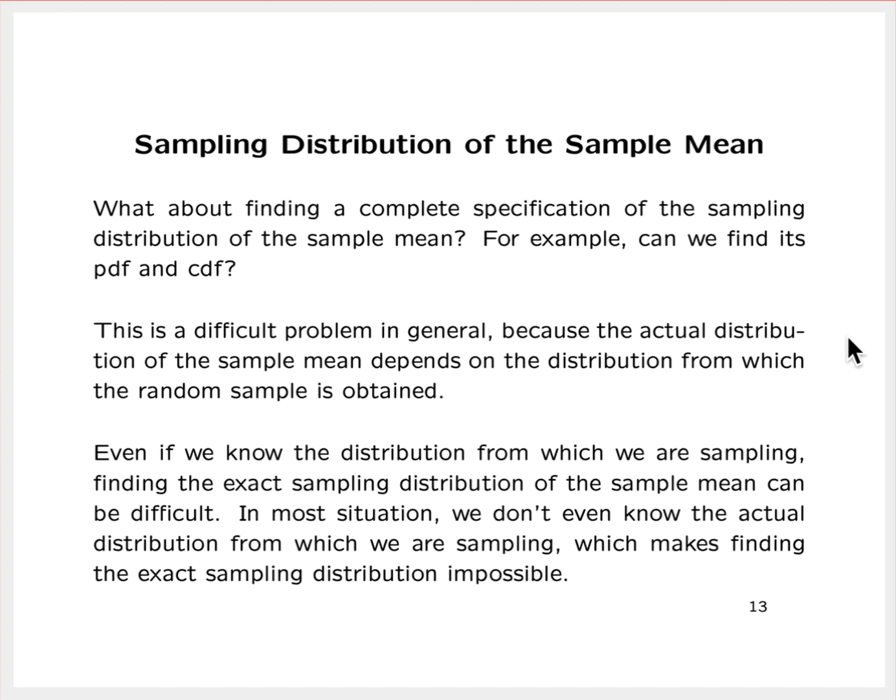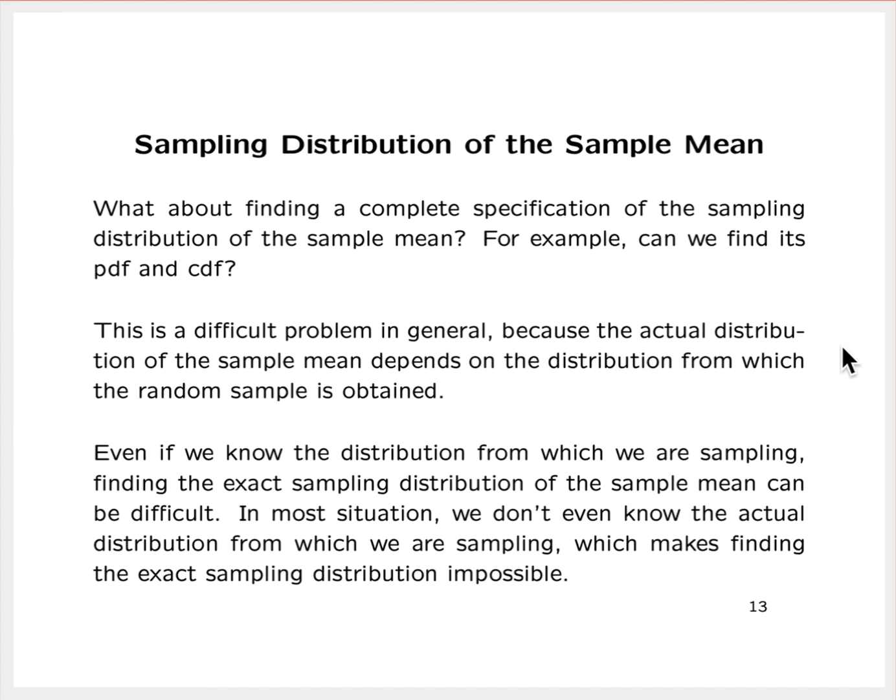But now another question would be, could we determine the actual PDF of the sampling distribution of the sample mean? So what about finding a complete specification of the sampling distribution of the sample mean? For example, can we find its PDF and its CDF? Now, this is a much more difficult problem in general because the actual distribution of the sample mean depends on the distribution from which the random sample was obtained.